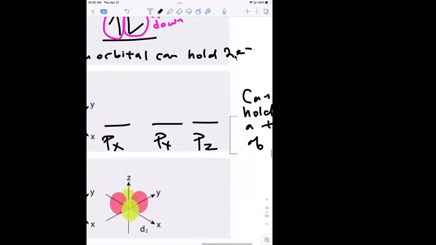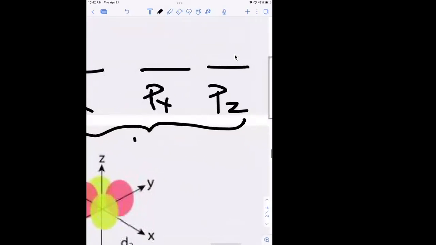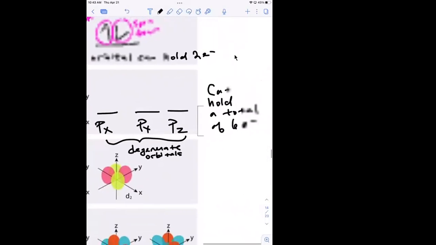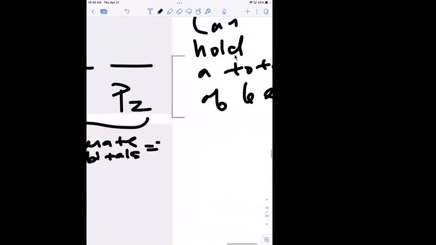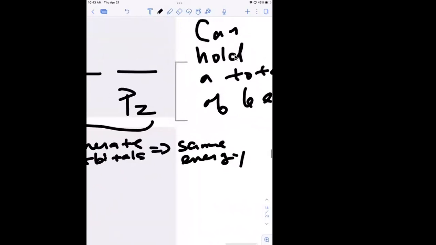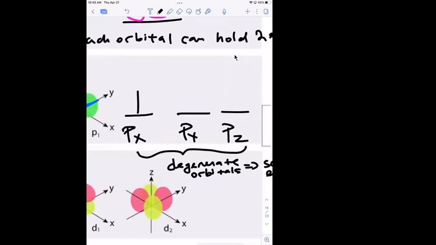And when you put the electrons in the p's, if I don't have any energy levels denoted, these are what we call degenerate orbitals. What that means is that they all have the same energy. So when I fill the P's, I have to put 1 in each P before I put 2 in any. Let's say I only have 3 P electrons.